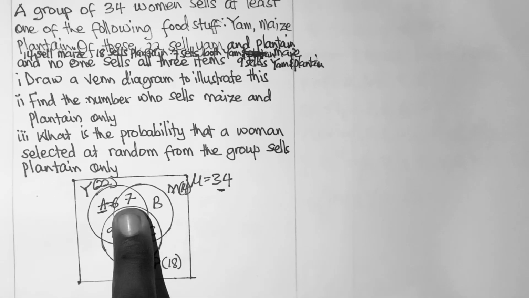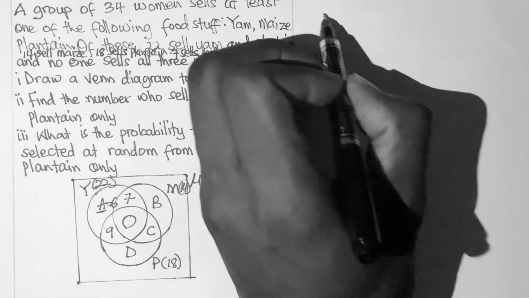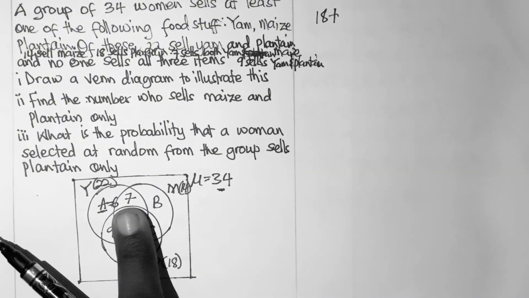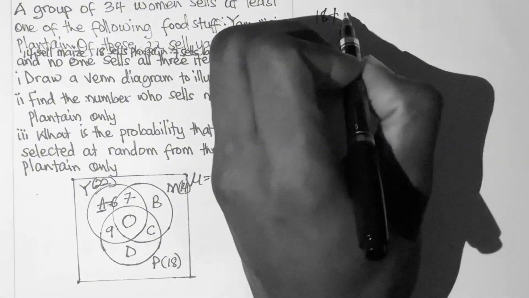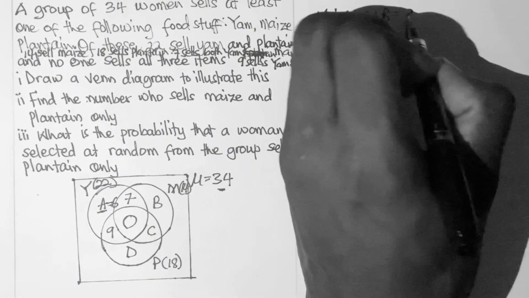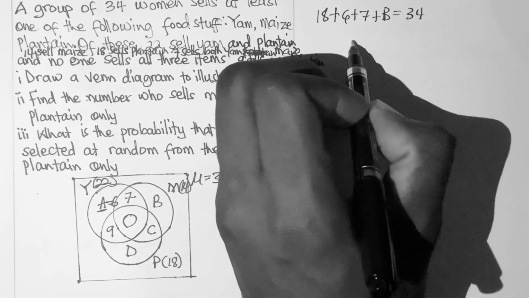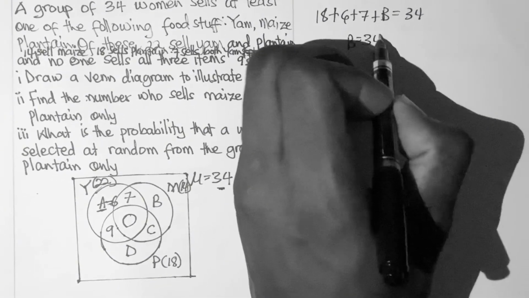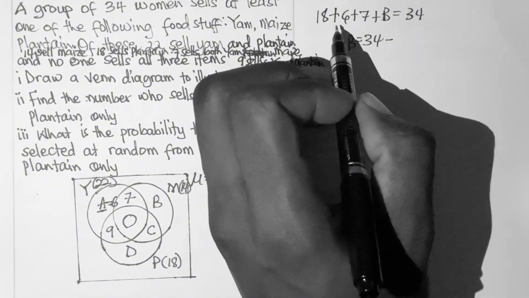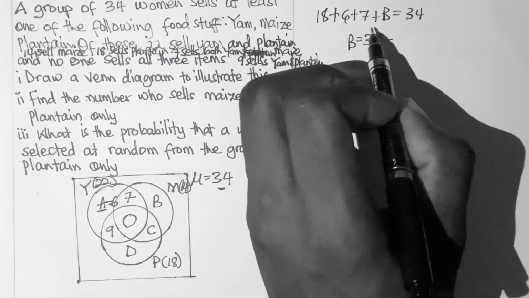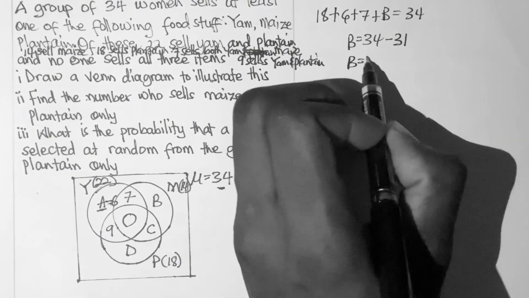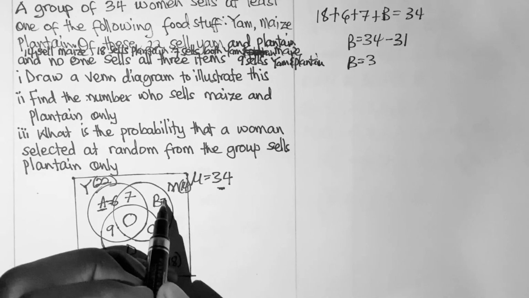So this region is 18. So 18 plus 6 plus 7 plus B is equal to 34. So B is equal to 34 minus, 18 plus 6 is 24, then 24 plus 7 is 31. Therefore B is equal to 3.